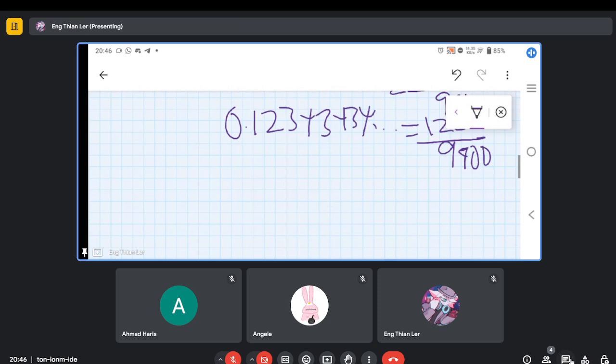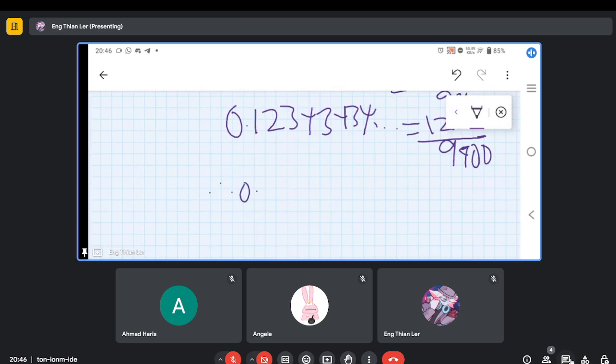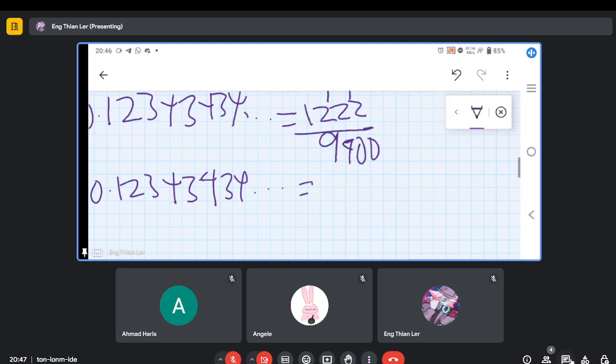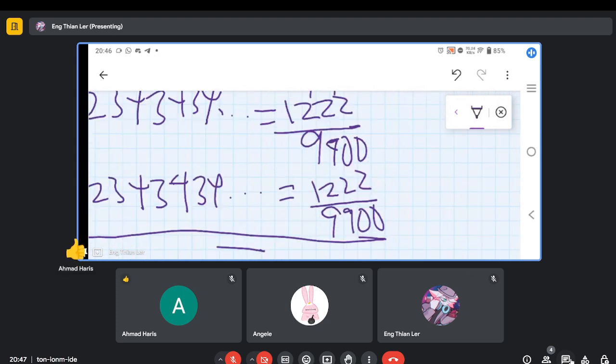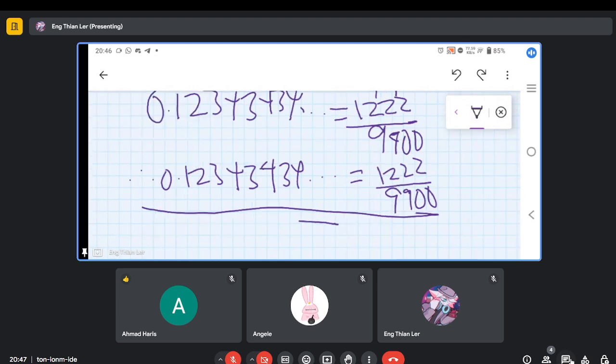So you can write 0.1234 with the 34 repeating equal to 1222 over 9900. So that's the solution. If you type this in the calculator, you actually get 0.1234.